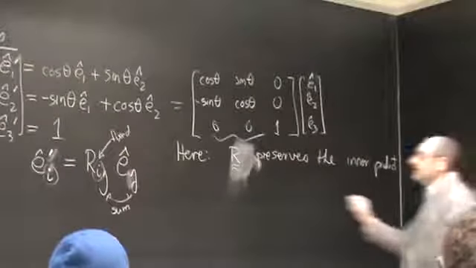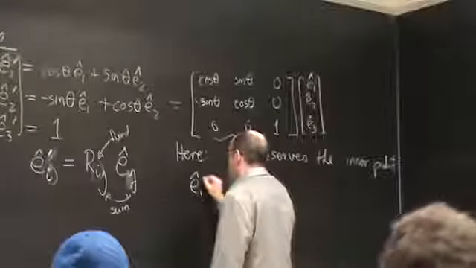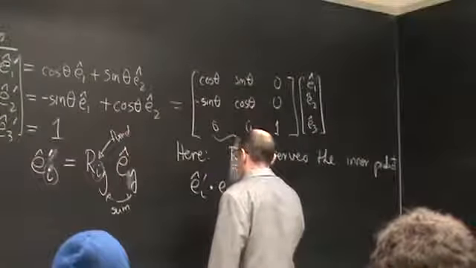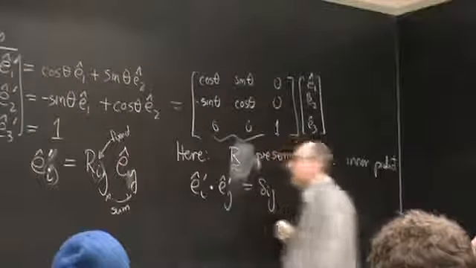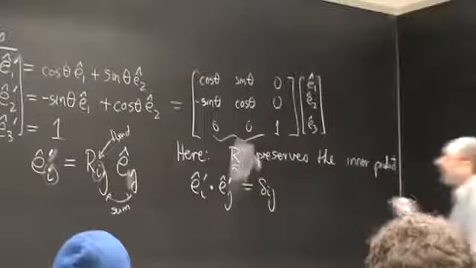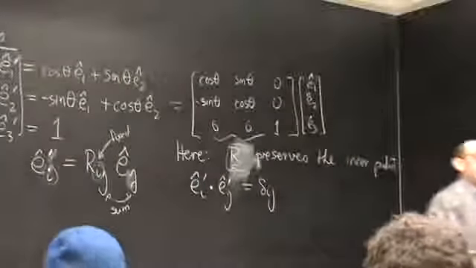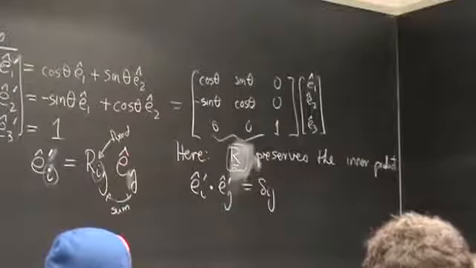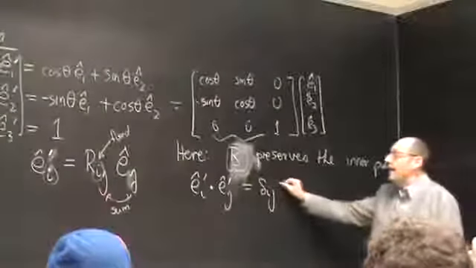What that means is that the new basis vectors must remain orthonormal. That, as you know, puts a constraint on the nature of the transformation matrix. So let's write that out.